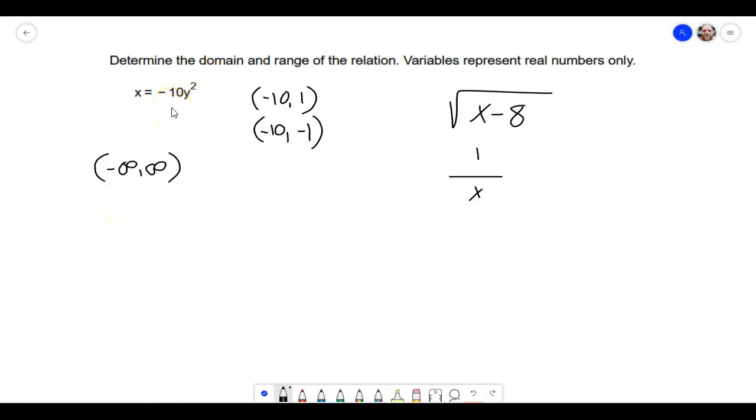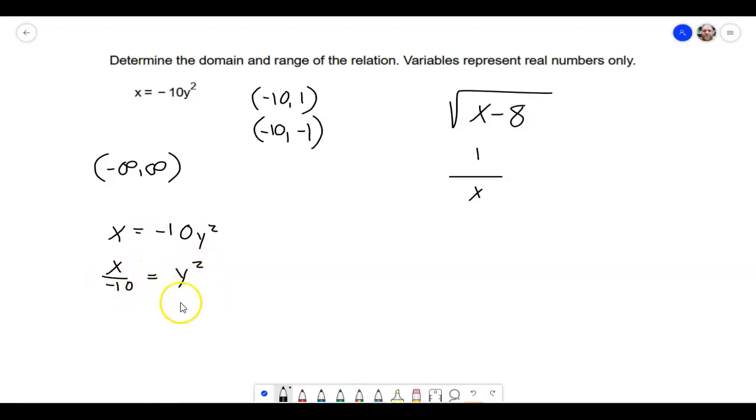And if we were to graph this, we would see that there are values for everything. Now this is not easy to graph in our graphing calculator because we have to solve for y. Let's go ahead and do that. It's going to be a little bit tricky, but just follow me through. So if we start with x is equal to negative 10y squared, I can divide both sides by negative 10, so I get x over negative 10 is equal to y squared.